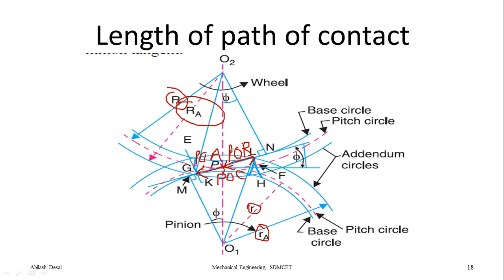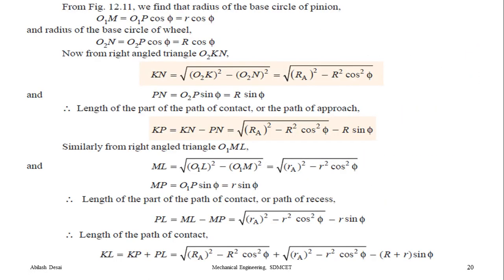So when you solve problems and want to calculate the length of path of contact, you should know these things, then you can calculate the path of contact along with the angle. First you should know the value of the radius, so you can see only the radii are there, and next the angle phi.